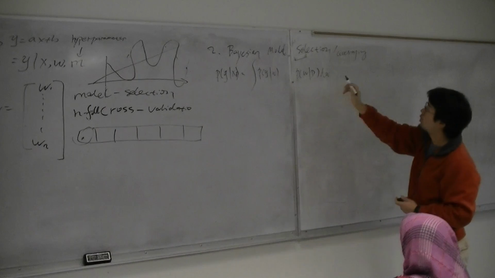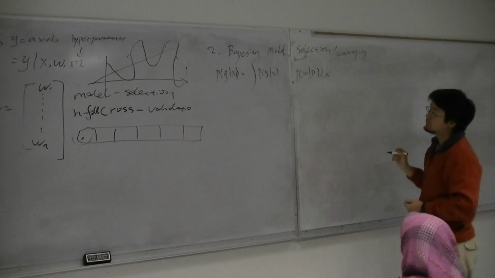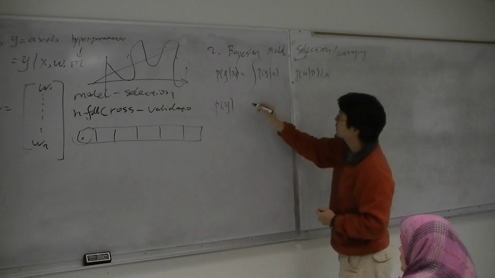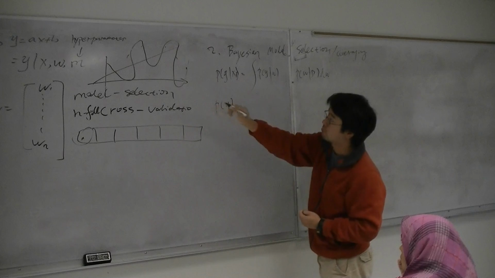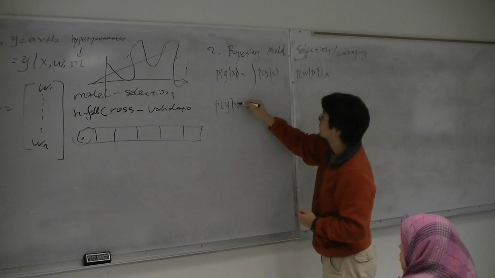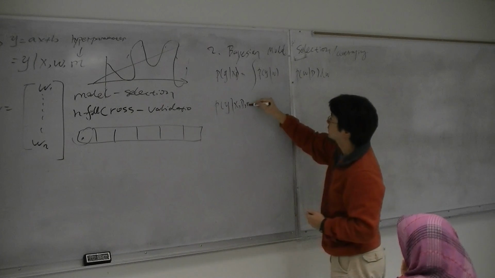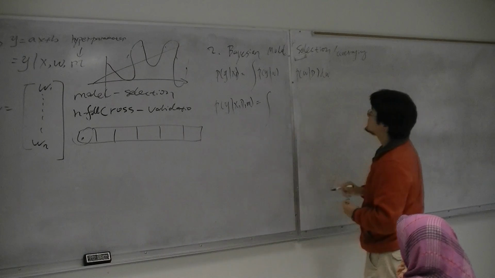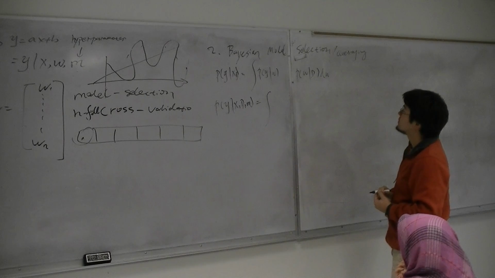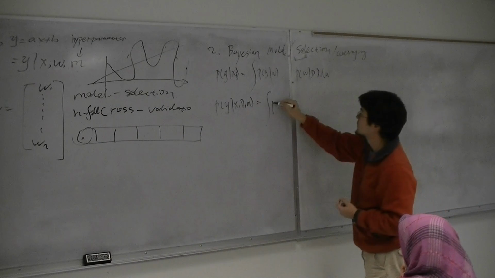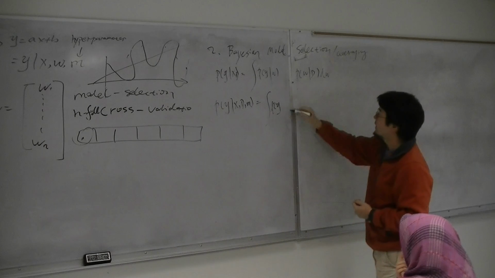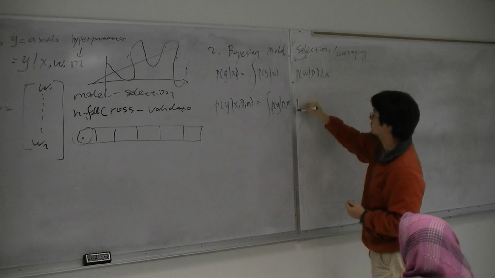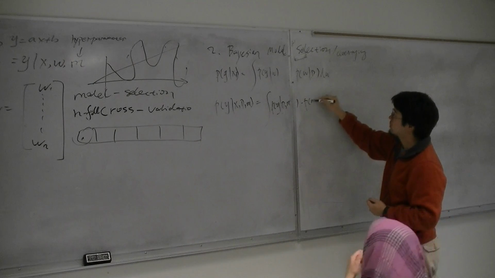And in Bayesian model averaging, you have an extra parameter, which is the hyperparameter. And this is equal to, let me see, p(y | x, data, model) and p(model | data).